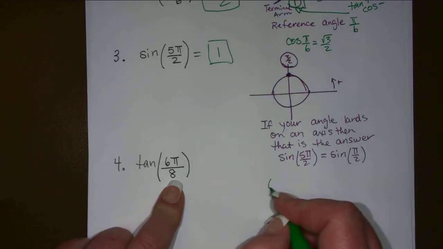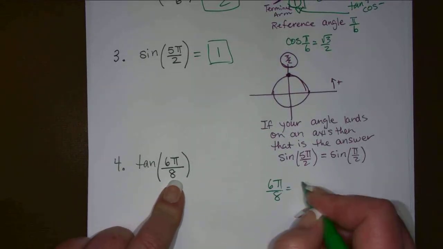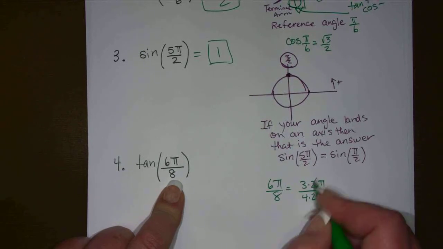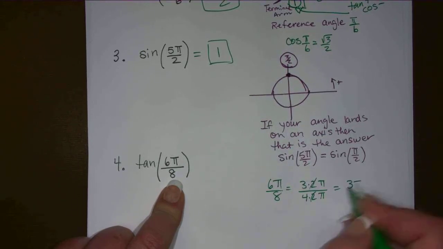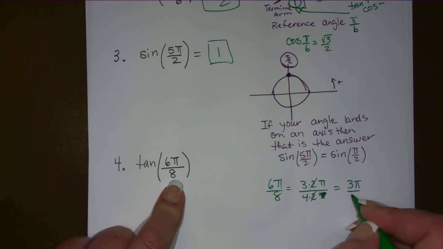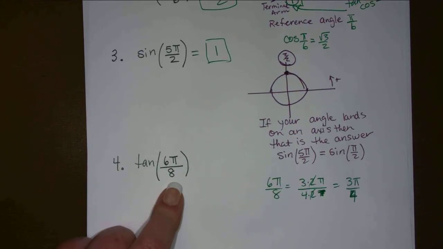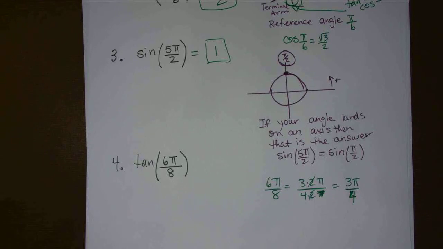So 6 pi over 8. The 2's cancel, so it's the same as 3 pi over 4. So sometimes that angle's not reduced. You have to reduce it first before you go through.